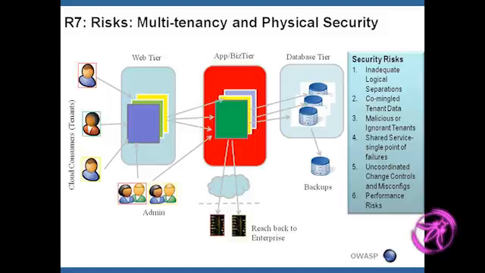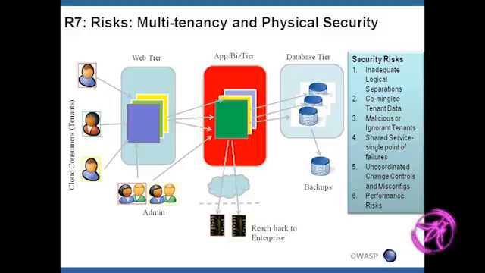But in a multi-tenant model, where web tiers are shared, app tiers are shared, database tiers are shared, and they do reach back to their respective enterprises, how tight are those controls? Can one application VM or JVM open a socket connection to another JVM because they're all running on the same physical host?